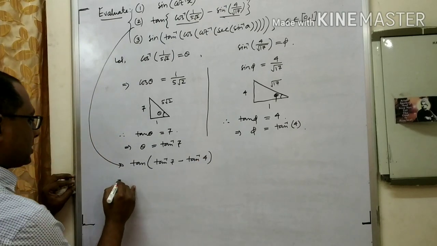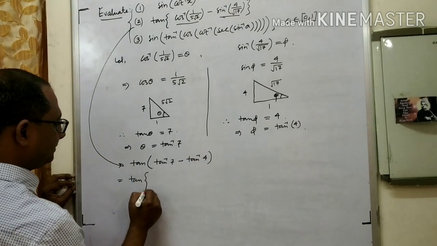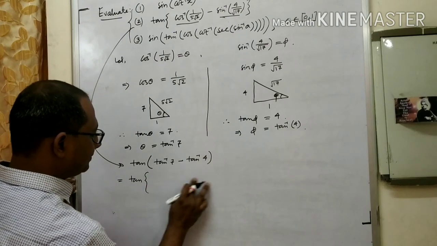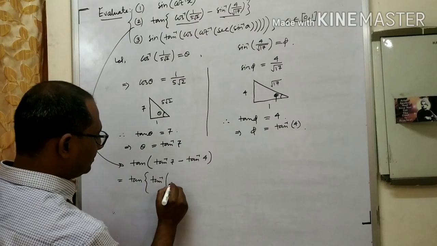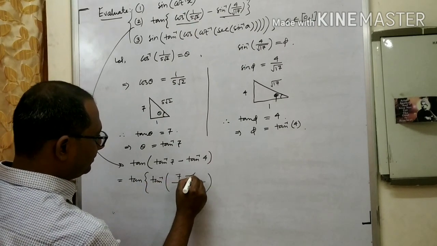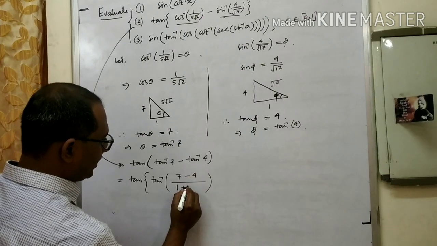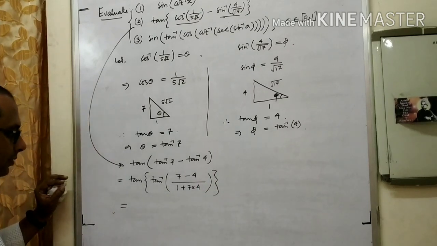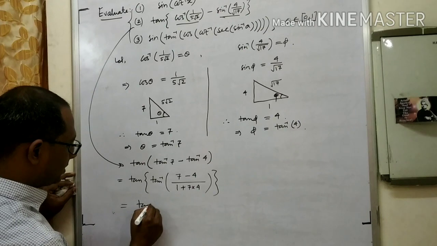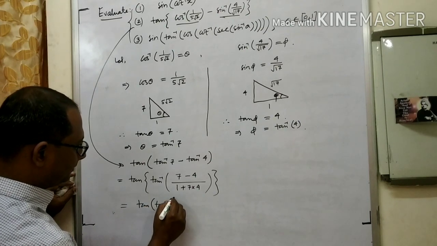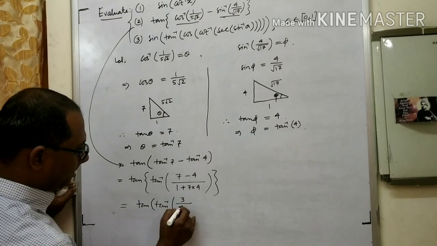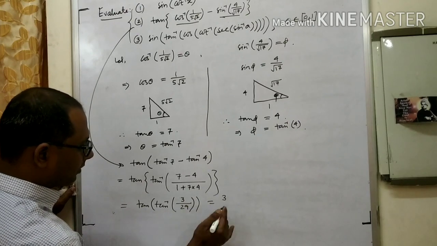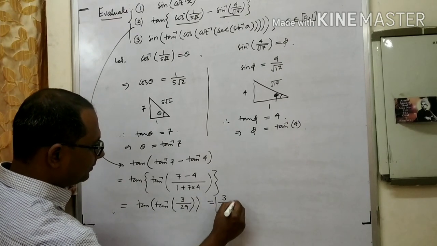So using the tan inverse of x minus tan inverse of y formula, that is tan inverse of x minus y by 1 plus xy, this one will give us tan inverse of 3 by 29. So this formula is true for all real numbers, so 3 by 29 is the answer.